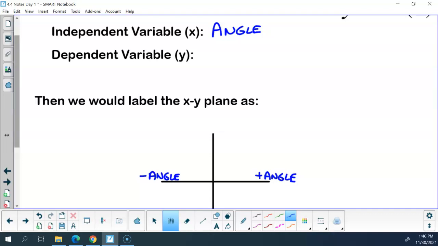And our output, our dependent variable, would be like the sine value if we were on the unit circle.